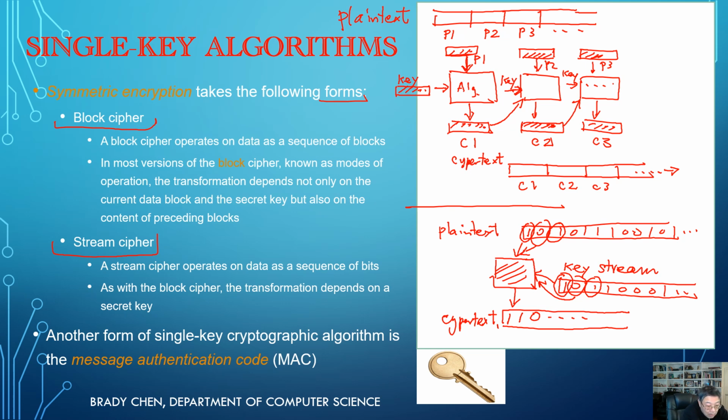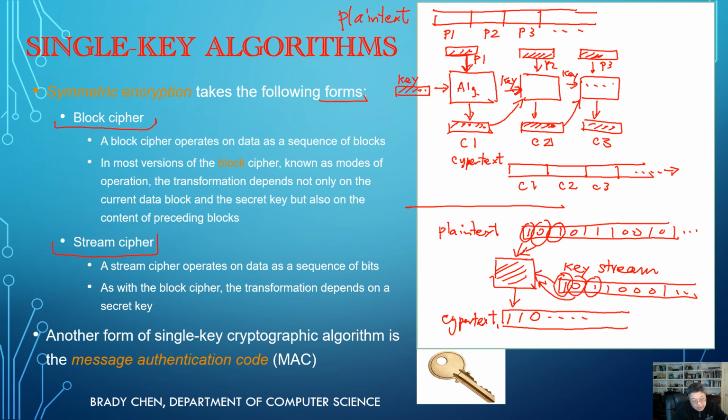Now how we actually generate the key string is an issue we're going to talk about in follow-up modules. Initially, even with the stream cipher, we input the key, and the key is limited.